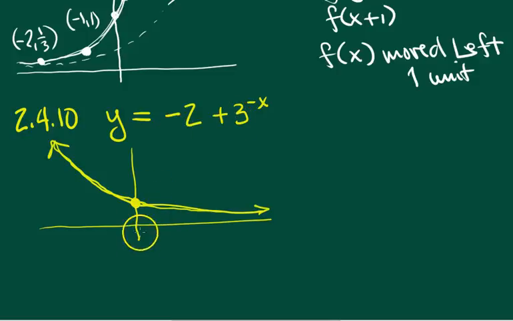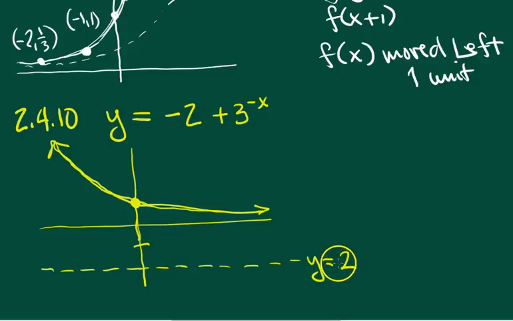If I add negative 2 to that, then it's no longer going to be asymptotic to 0 on the right. It's going to be asymptotic to negative 2. And it's no longer going to go through 0, 1. It's going to go through 0, negative 1.